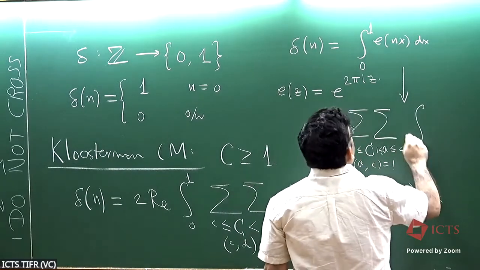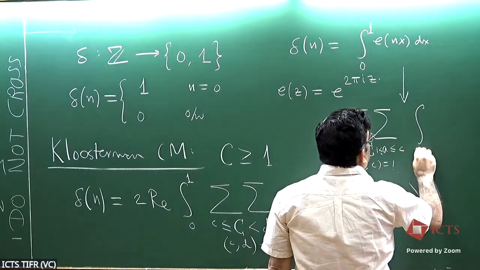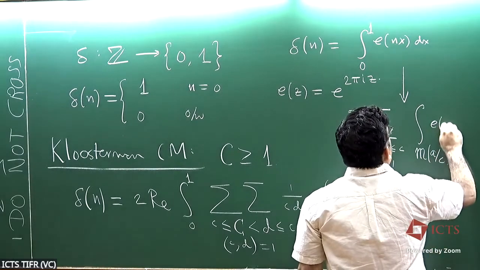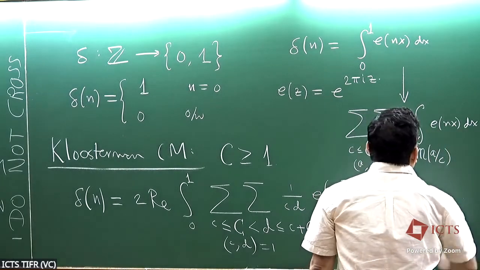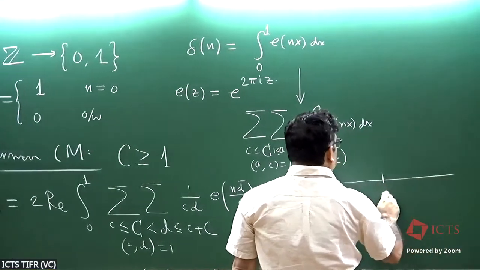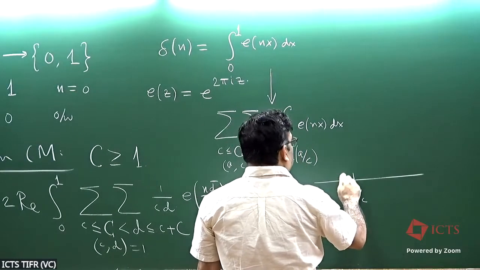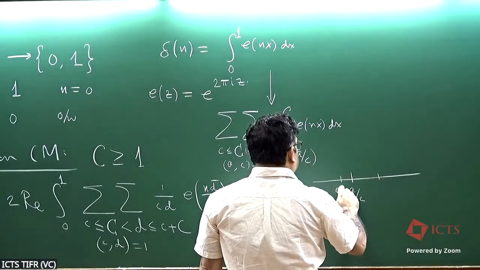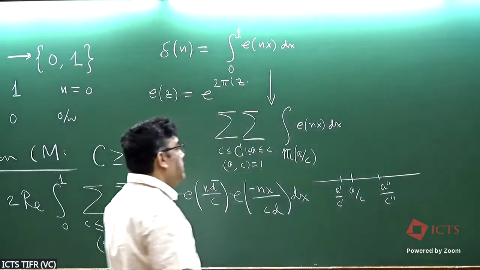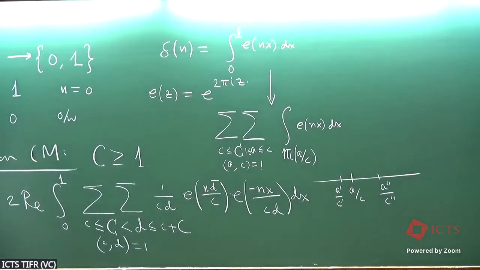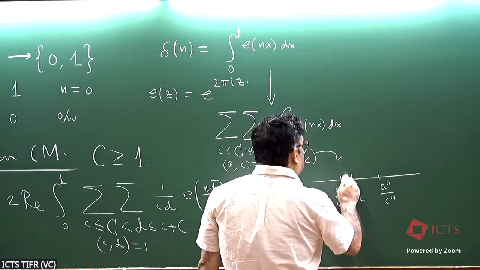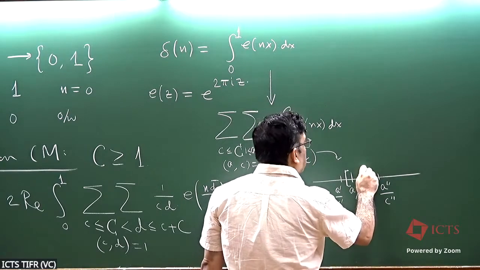And then you split this integral into small Farey arcs around the fraction a/c, of e(nx) dx. If you have one fraction a/c, then you have two neighboring fractions, a'/c' and a''/c'', where c' and c'' are all less than or equal to C. This is the interval which starts from the midpoint here and goes up to the midpoint here.